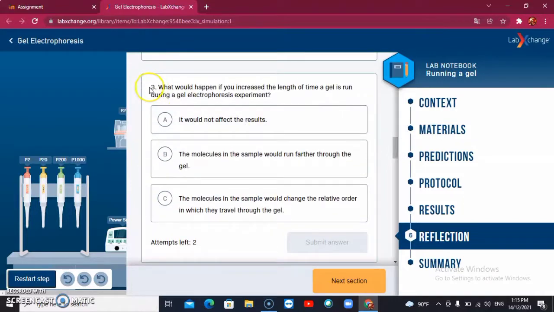The third one is, what will happen if you increase the length of time a gel is run during a gel electrophoresis experiment? The molecules in the sample will run further through the gel.